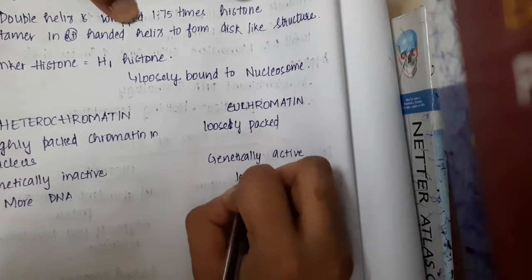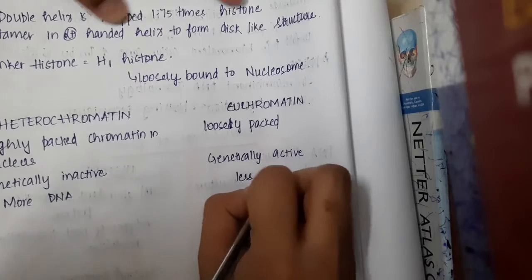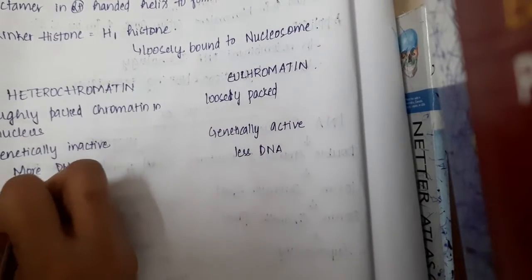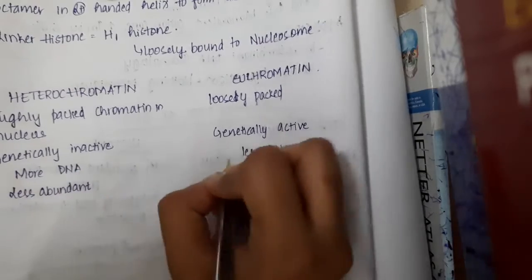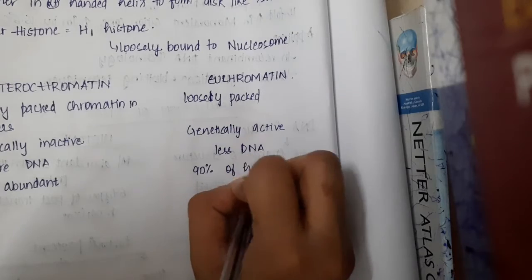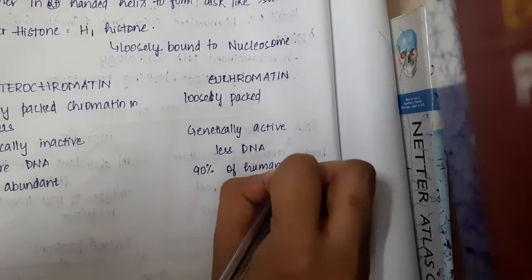Okay, so heterochromatin is again of two types: constitutive and facultative. Constitutive is always condensed, essentially inactive, and is seen in the centromere and chromosomal ends.